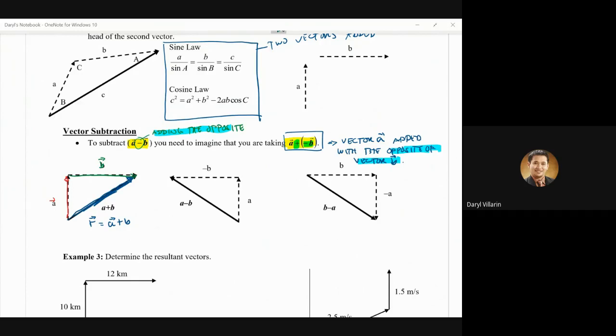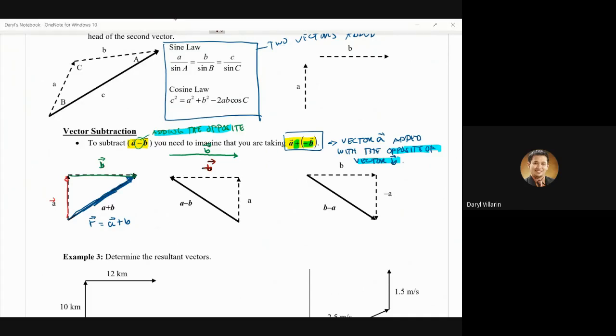So vector B, remember that vector B is represented by going to the right. So this is your vector B. If I'm going to represent a negative vector B, it is just a vector of the same length, the same magnitude, but the arrow should be placed on the opposite side.